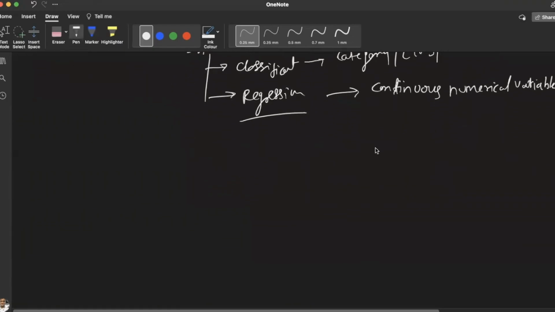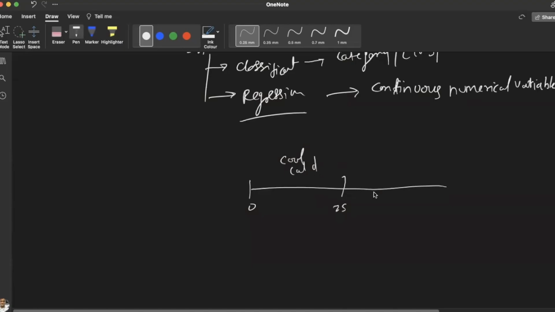I'll just give one example. For example, let's say you are predicting the temperature. If the temperature is, let's say, between 0 to 25 degrees for India, we can say it's cool or cold, right?